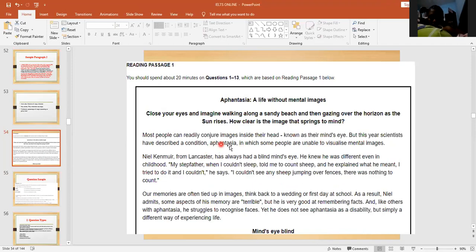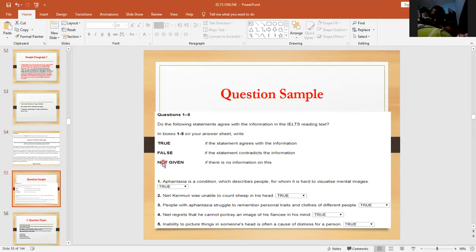This is the place, aphantasia, in which, because I know that the passage is about some people can visualize, some people cannot, and those who cannot have aphantasia, in which some people are unable to visualize. That's where the question comes from. So, forget the fact that all the options here have been clicked as true. That's not the answer. Though this question particularly is false.